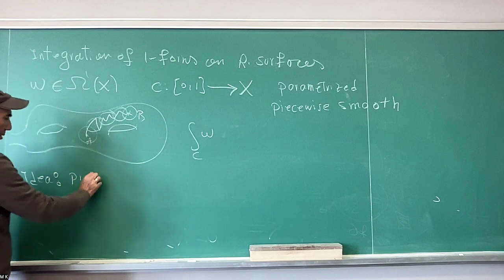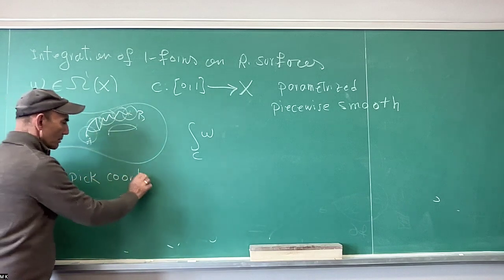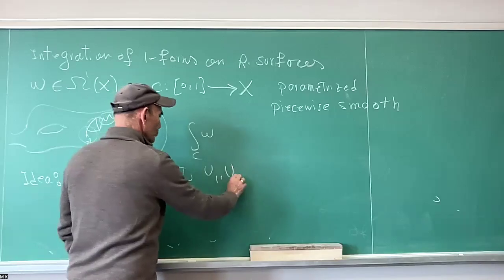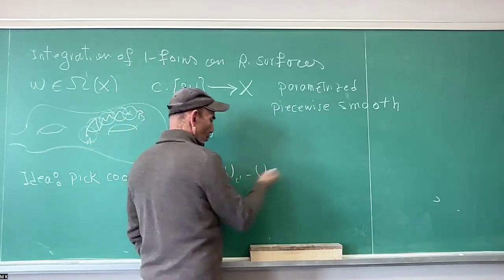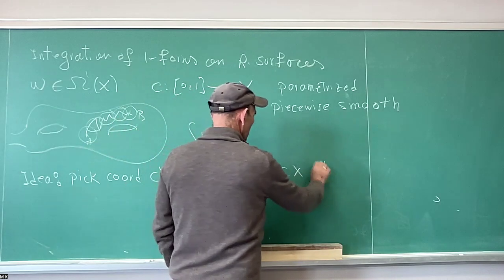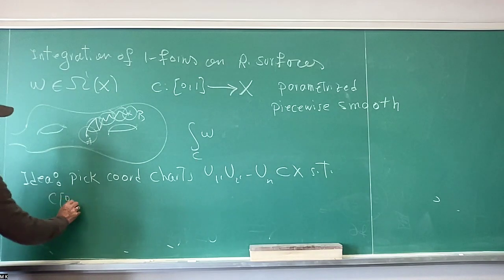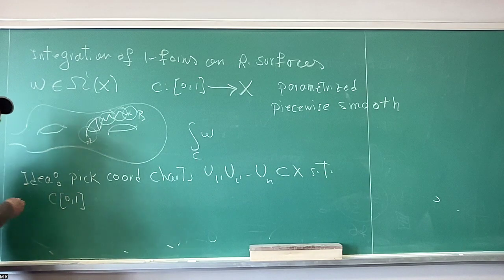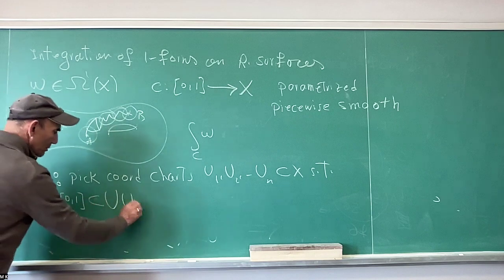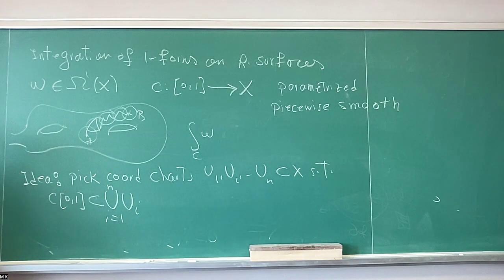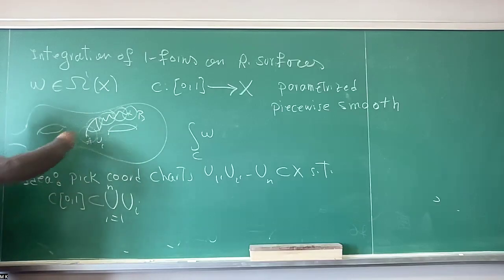Pick coordinate charts U1, U2, UN. I mean, coordinate domains inside X such that C of 0, 1, the image of your curve, is actually in the union of all these U I, I from 1 to N. So for us, these U I are already on the Riemann surface.